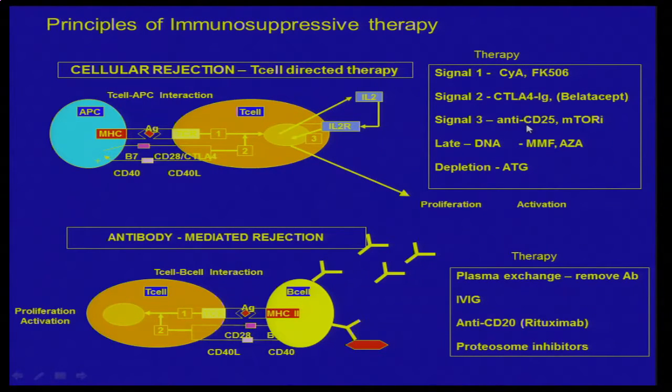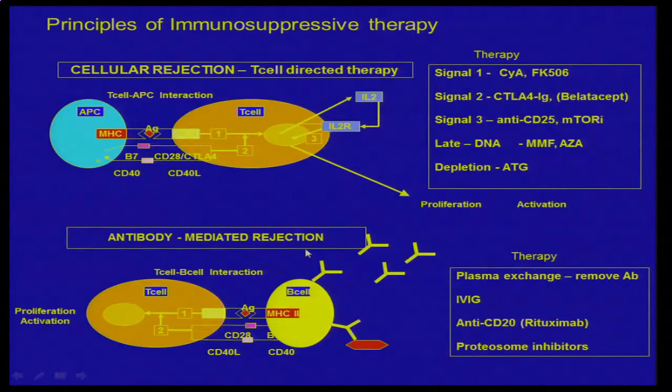For signal 3, our anti-CD25 antibody that we use clinically acts at the IL-2 receptor site. mTOR inhibitors such as sirolimus and everolimus act by blocking the mTOR signaling from the receptor down to the DNA level. Mycophenolate and azathioprine act at the level of DNA replication. And we've got anti-T cell therapy or depletion antibodies that basically just deplete the T cell. That's where they work.